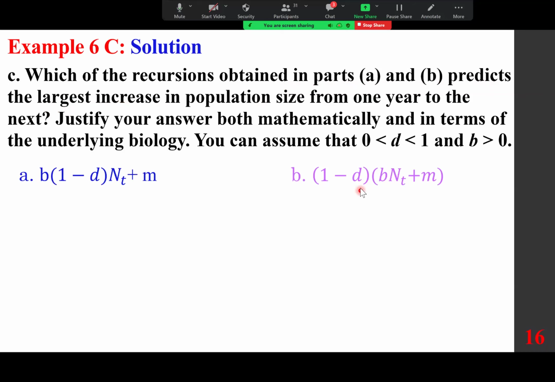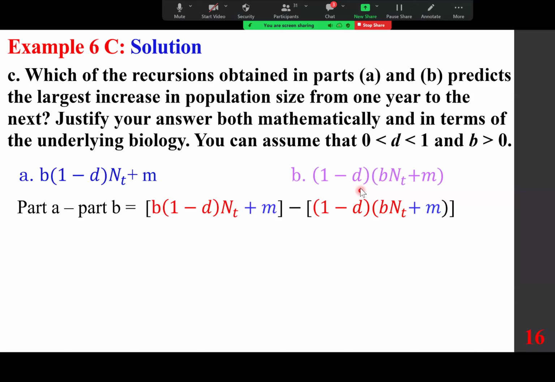So part A minus part B. And you just have to do the math. It's a simple addition and subtraction. So this one, B times 1 times N sub T is B N sub T, B times D times N sub T, minus B D N sub T, plus M. So that's this part.